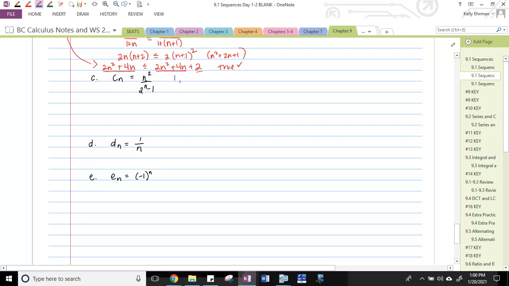Put in 2: 4 over 4 minus 1 is 4/3. Put in 3: 9 over 7. Put in 4: 16 over 2 to the 4th, which is 16, minus 1 is 15. So we're at 1, 1 1/3, 1 2/7, 1 1/15.